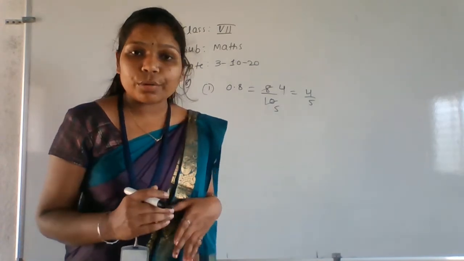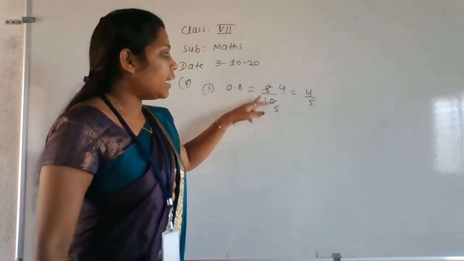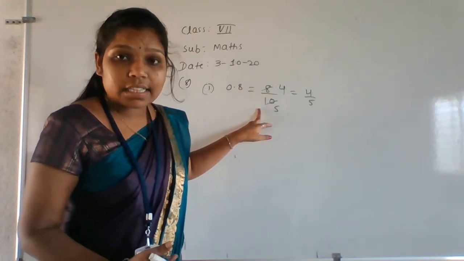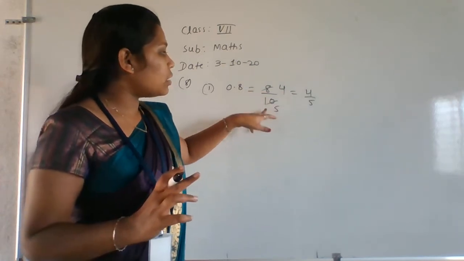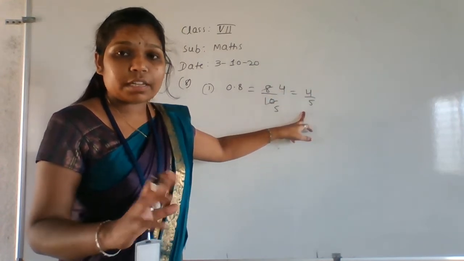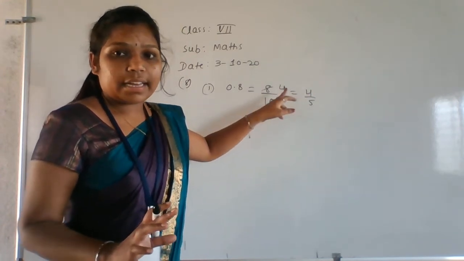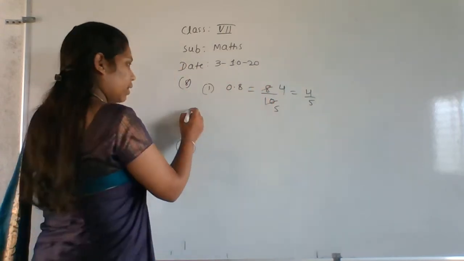Simplest form means if there is a cancellation, then you have to cancel the values. Here 8 and 10 are there. Yes, we can cancel the values because both are in the same table. That's why 2 4s are 8, 2 5s are 10. What is the simplest fraction here? 4 by 5 is the simplest fraction. Getting everyone how to do this one? Okay. Next one is the second one.